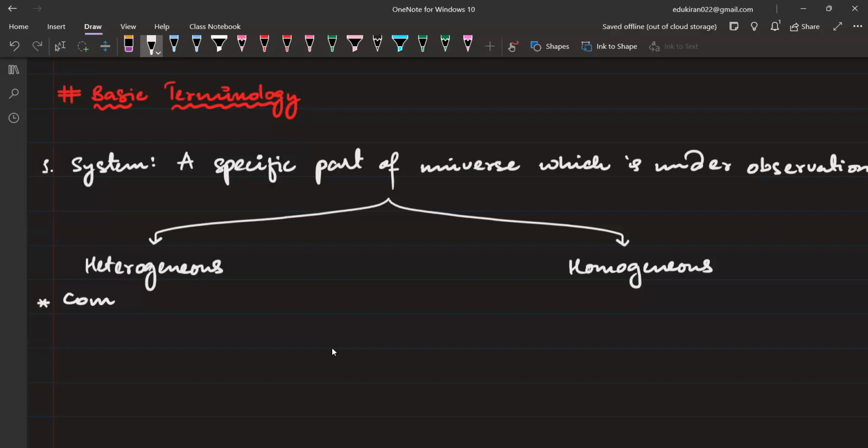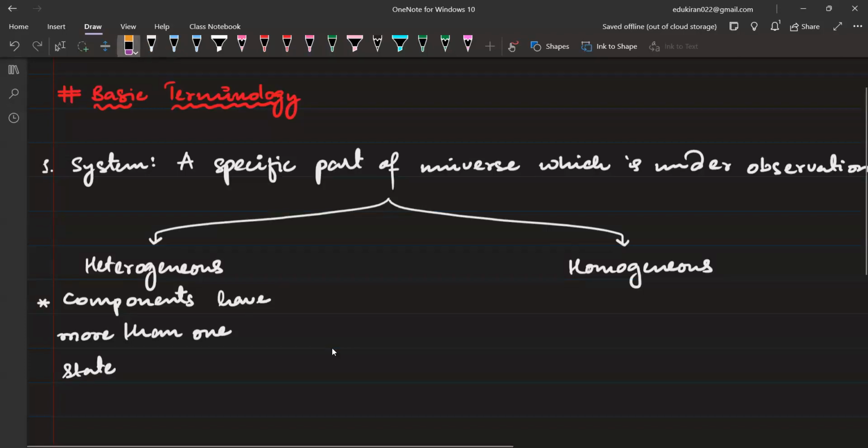So heterogeneous system is when you have components with more than one state. स्टेट जो है ना, यहाँ पे हम लोग एक और मीनिंग इस्तेमाल करने वाले हैं, इसमें हम मोर देन वन फेज लिख रहे हैं. सॉलिड फेज, लिक्विड फेज, ठीक है. फेज का मतलब स्टेट्स ऑफ मैटर वाला स्टेट्स, ठीक है.